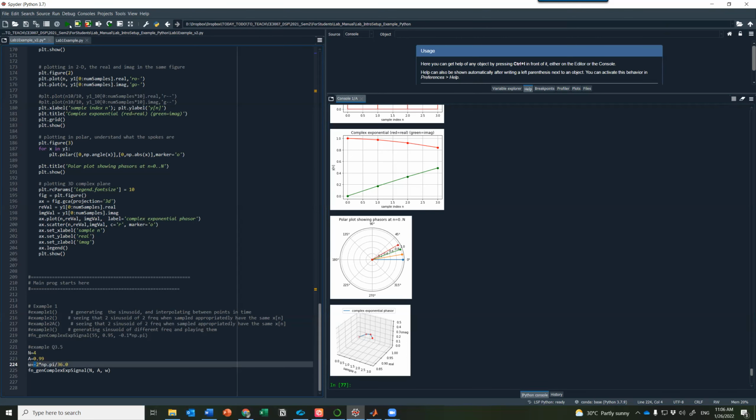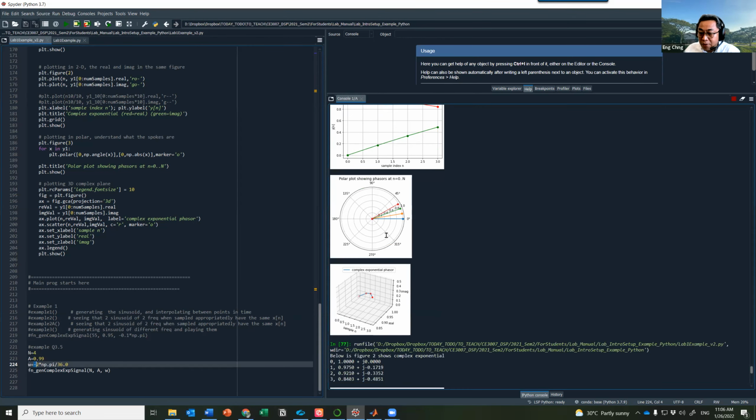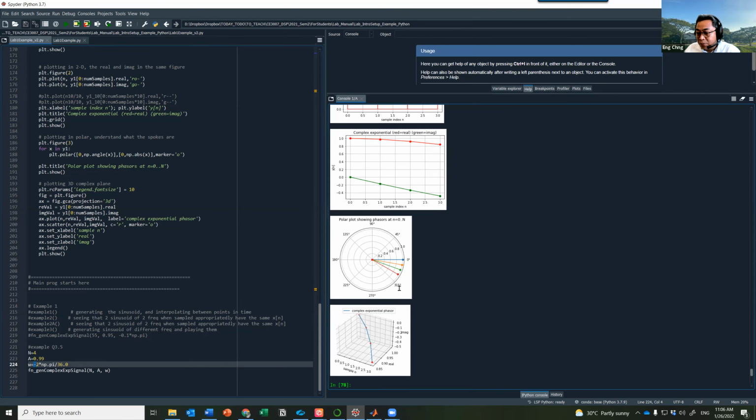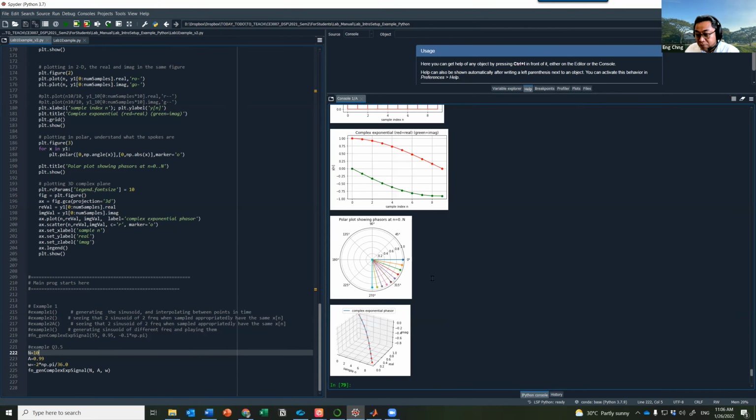Now, when I plot, can you see he's moving clockwise? Now I'm going to plot the 10th sample. Can you see? He's moving clockwise. So did I answer what is clockwise and anti-clockwise from the polar plot? Okay, great. Thank you.